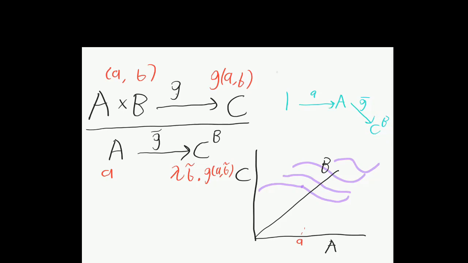Because what we're really doing here, as you can see by this green diagram, is when we've selected a particular point A in our space capital A, then that's really defining for us a map from B to C, which we're sort of writing in this lambda notation.